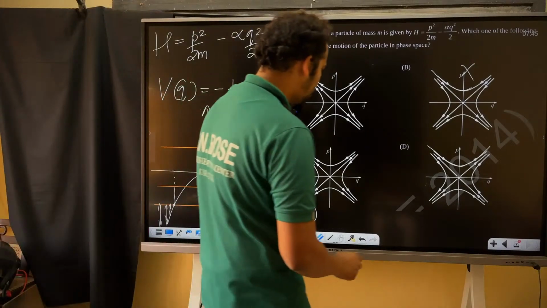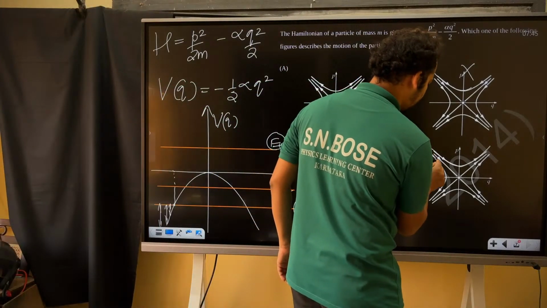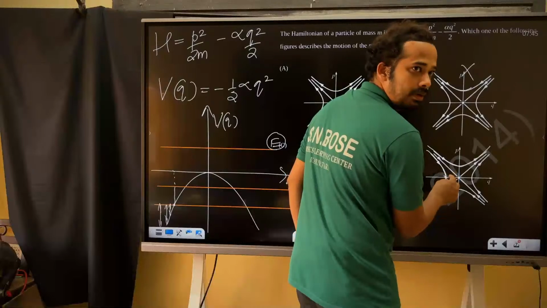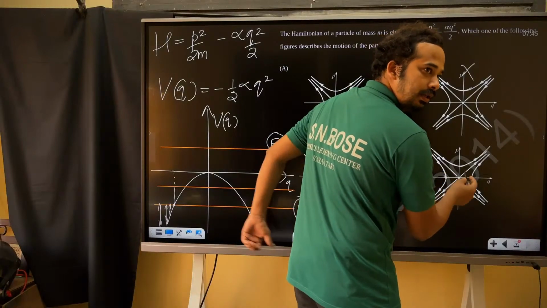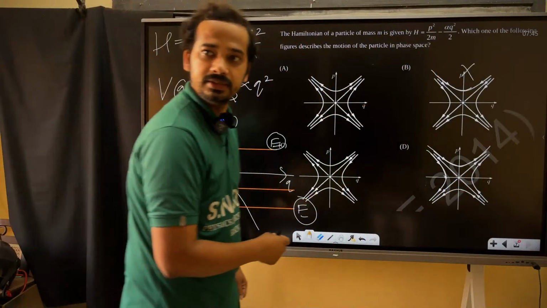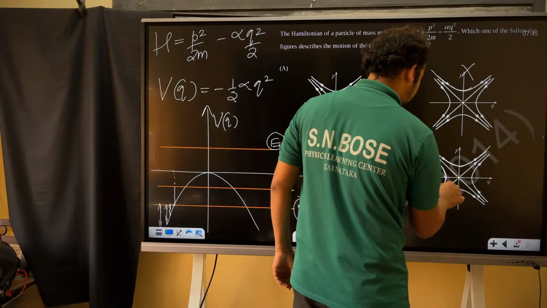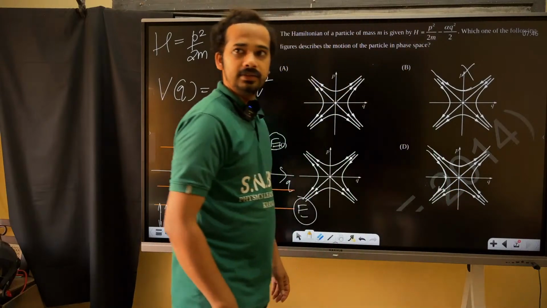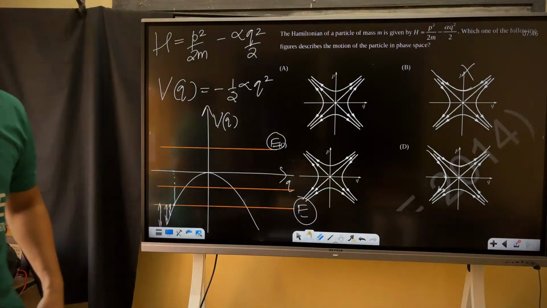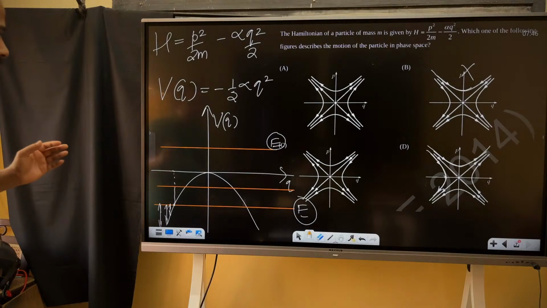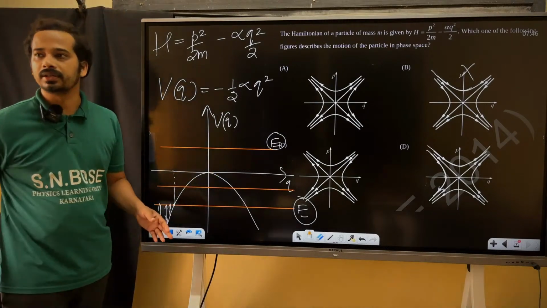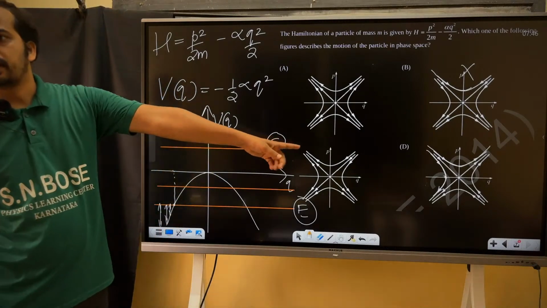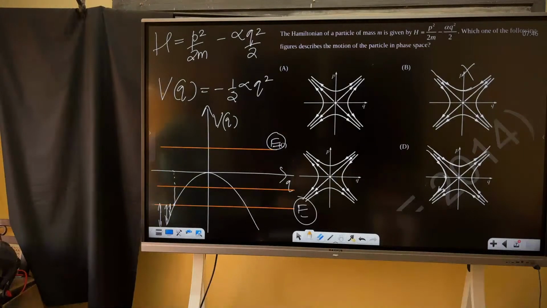That means momentum was positive, it keeps on decreasing, becomes zero, then it started moving along the negative x-axis. With the increase in kinetic energy, it is like this. Those are sufficient to quickly eliminate the options. Like that, you should imagine that you have shot the particle here. Then the trajectory direction will be easily found.